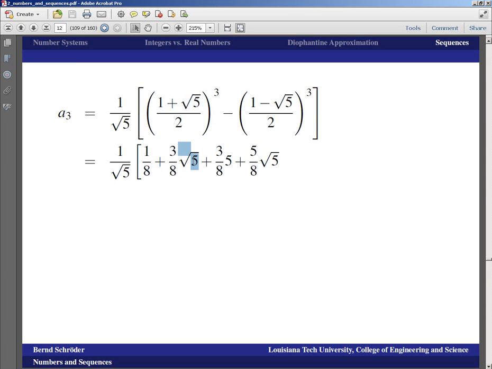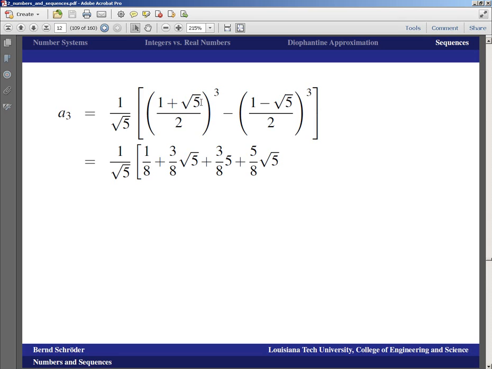We have the 3 and we have the root 5 from the root 5 over 2. Then we have 1/2 times root 5 over 2 squared, and the whole thing times 3 with the coefficient from Pascal's triangle, so we end up with 3 2's in the denominator, which means the denominator is 8. We have the 3 from Pascal's triangle, and the root 5 squared is 5.